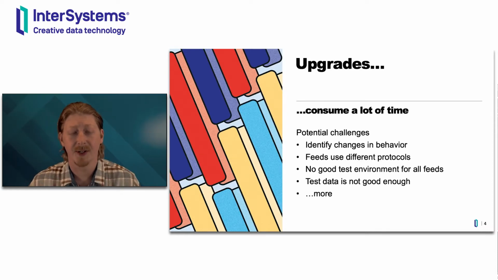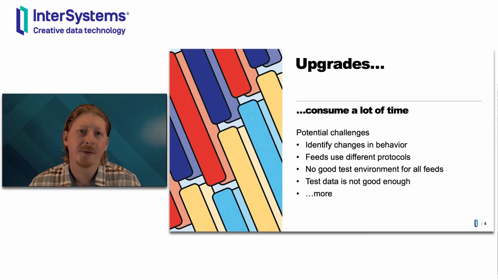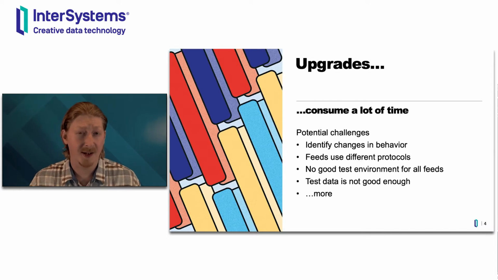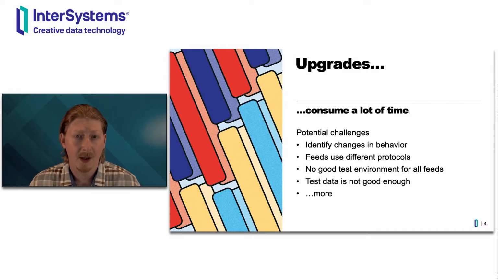That's not so straightforward. You might not have a good test environment for all of your data feeds, maybe for some, but not for all of them, for various reasons. And very often the problem is that you might not have good test data to build up a good test environment anyway. And there are plenty of more things that can make this complex. This is just to have a common baseline around what some of the problems are.